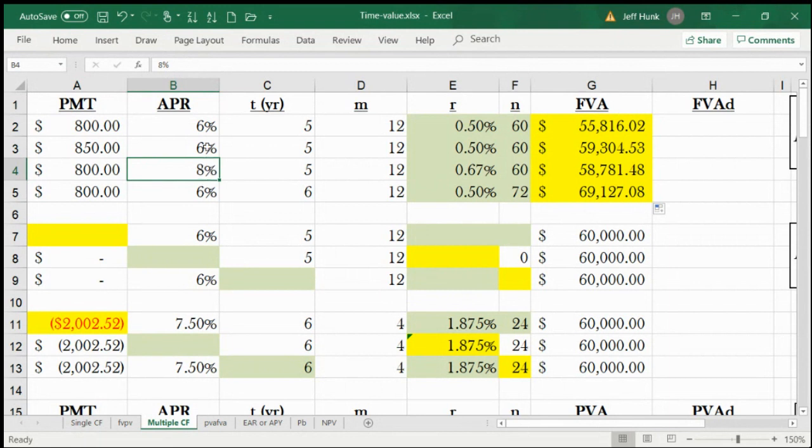And even if they are paying 2% higher, we are closer, but we are still about $1,200 short, right? What if you extend your timeline by one more year? Well, then you more than overshoot, right? You more than reach your target future value.